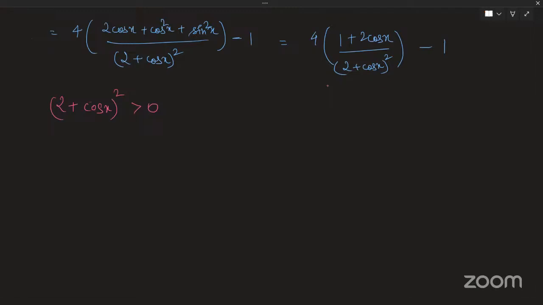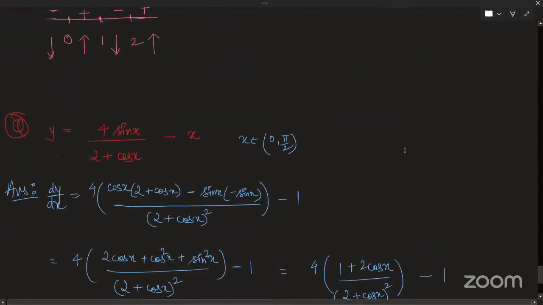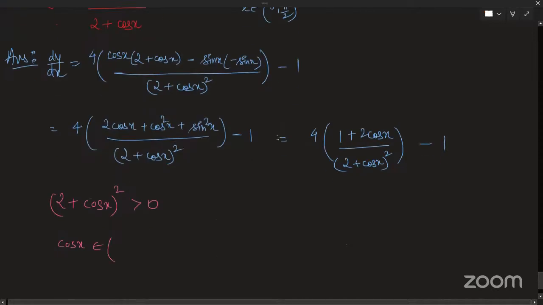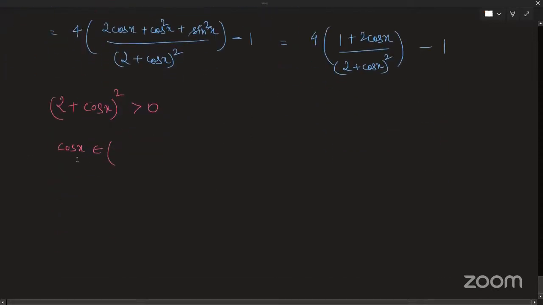Can you tell me between 0 and pi by 2, where does cos x belong to? See, x is being restricted between 0 and pi by 2. So where does my value of cos x lie? It is between 0 and 1, right?